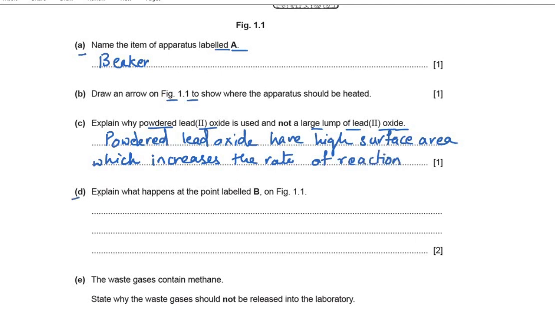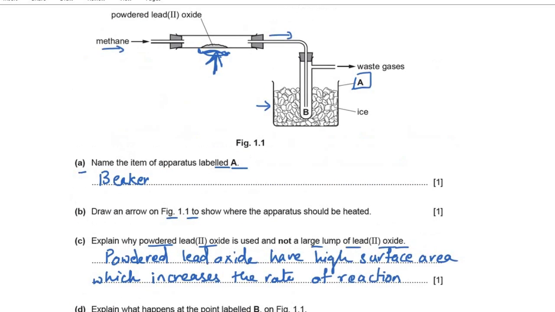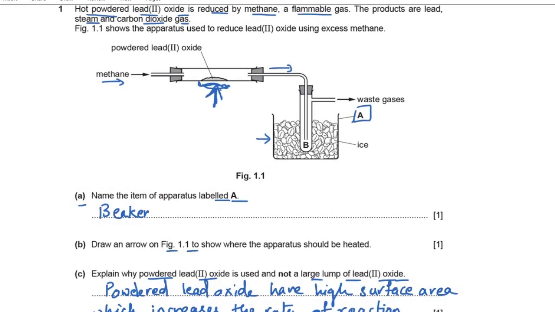Okay, let's go ahead with the next sub question D, where it says explain what happens at the point labeled B on figure 1.1. So let's go ahead and see where point B is in figure 1.1. The B is here, which is in the test tube and where the tube is pointing down.